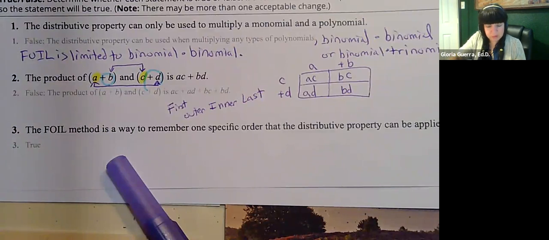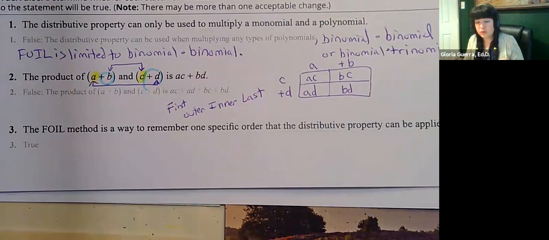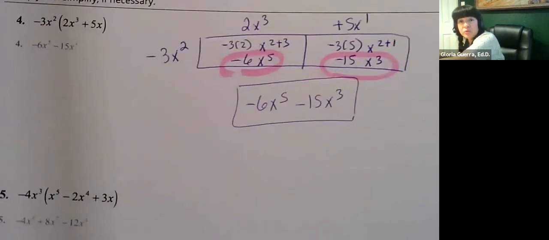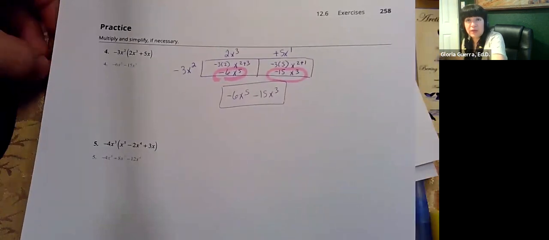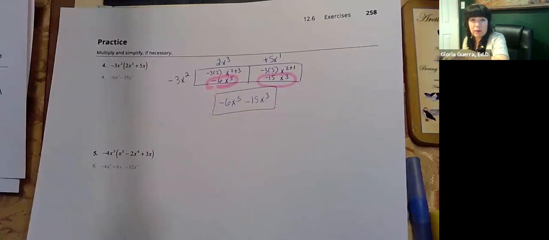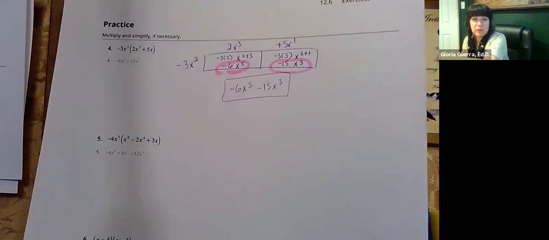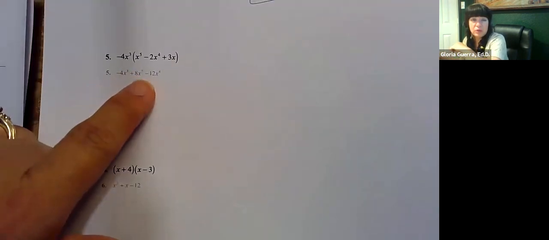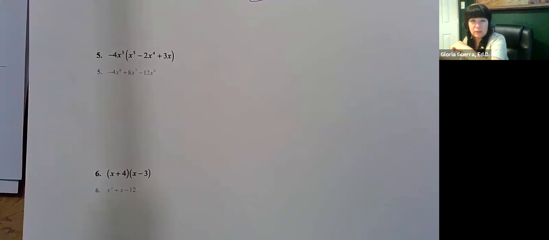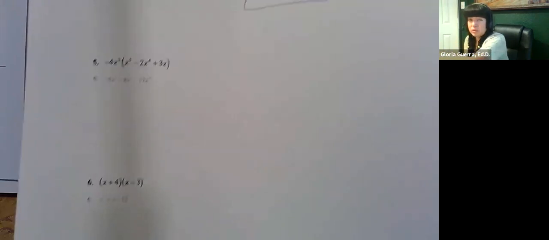I was going to actually just show you this if you want to work this on your own. This is page 258, and you now have an answer key, 258. So if you want to pause the screen, I have a little answer key. So this should be the answer that you get for that. So you can write that down or pause the screen. This is on page 258.